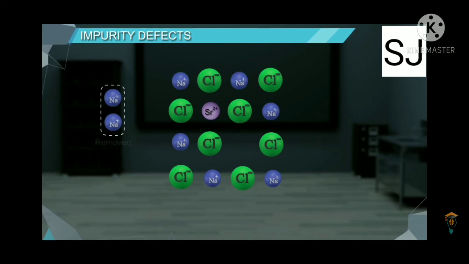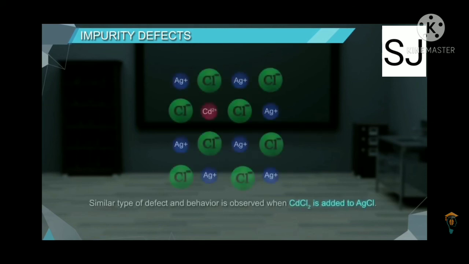Two get replaced because two sites were needed, and therefore two Na positive ions are removed, whereas Sr2 positive ion is located and one cationic vacancy is created.